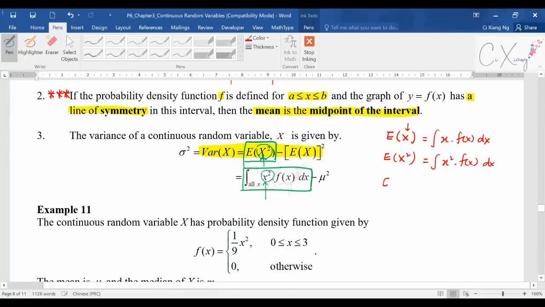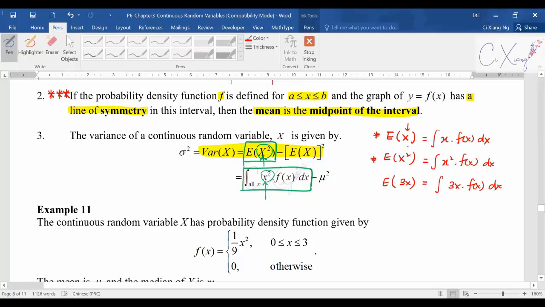If they want you to find E(3X), you write it as a bracket, multiply the 3x with the function f(x) first, then you do the integration. So the idea is something like this. But usually we will apply only these two, E(X) and E(X squared). I hope you can use this method to memorize the formula.